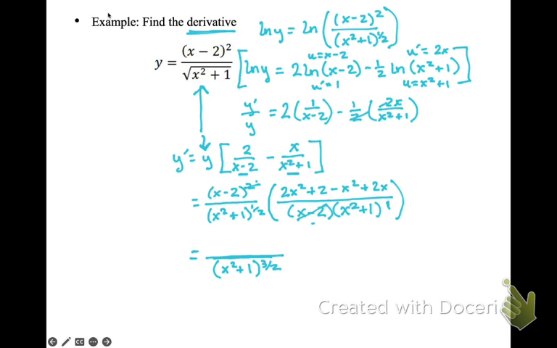And then we have what? X squared plus 2x plus 2, right? Is y prime.